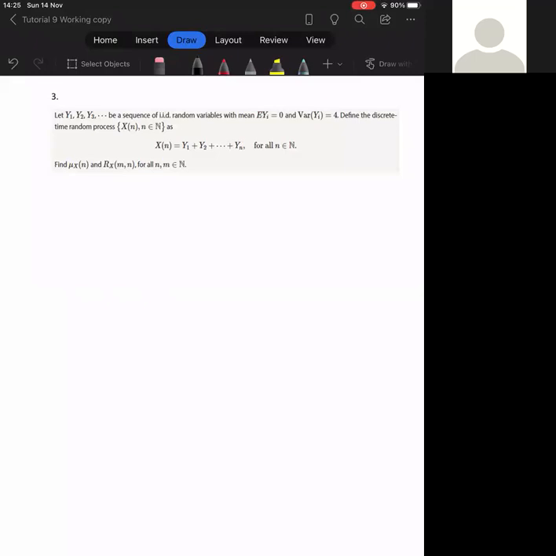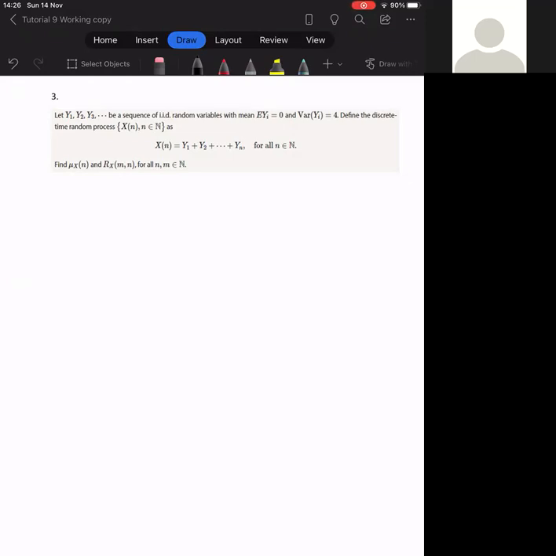Okay, so this says let y1, y2, and y3 be a sequence of independently and identically distributed random variables with mean equal to 0 and variance equal to 4 of the individual yi's. Define a discrete time random process, DTRP, as follows.